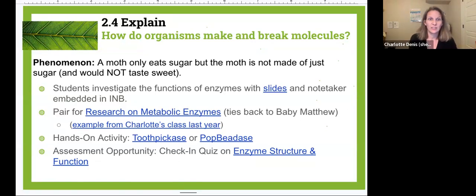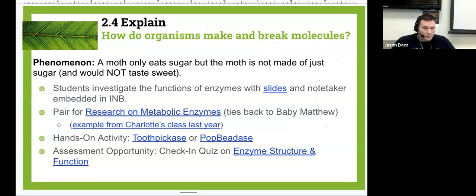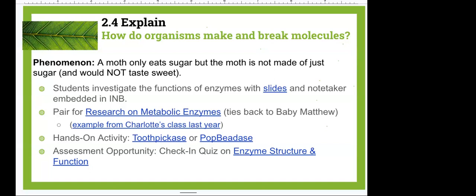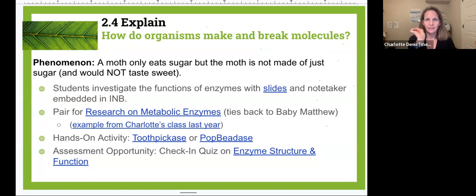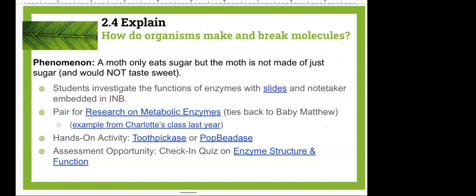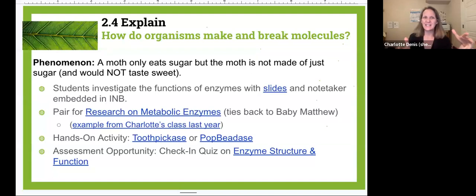Plain beads or mixed ones? What do you mean, Leah? Mixed in color? Like some are different shapes and sizes? I commonly do the ones that are all the same shape. Yeah, they're all spheres with the little poker out the end. Gotcha. Thank you. They need like 100 beads per pair of students. Not the huge ones that you might have had when your kid was a toddler, right?